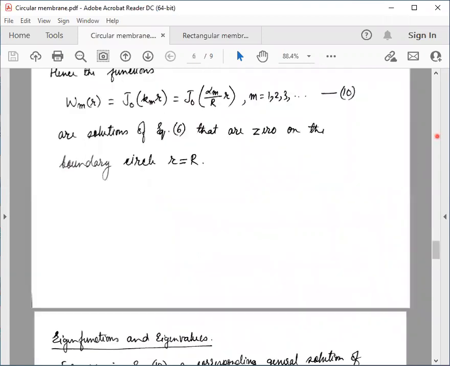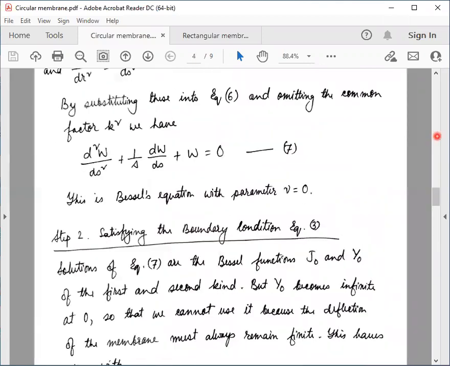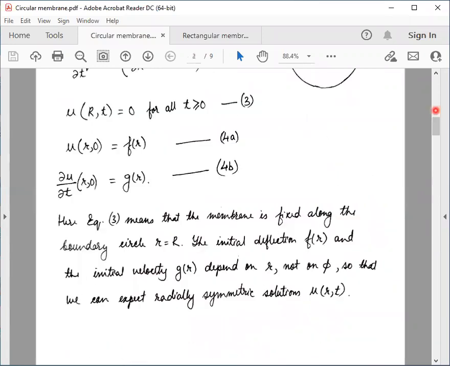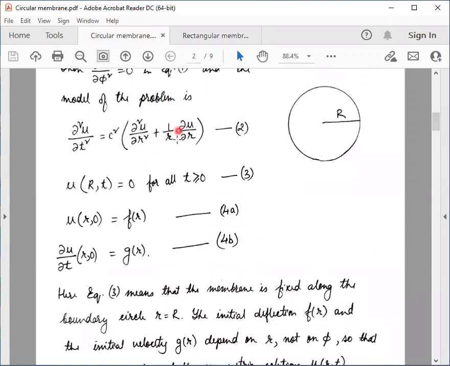What is equation number 3? Equation number 3 is the boundary condition that the circular membrane is fixed along the boundary. That means that the membrane is fixed along the boundary circle. So we have found solutions of this equation satisfying this boundary condition.